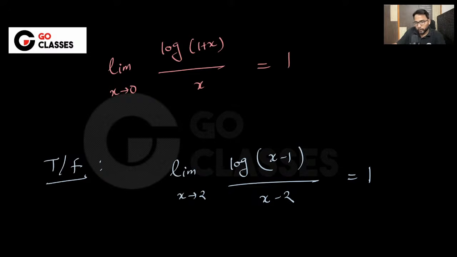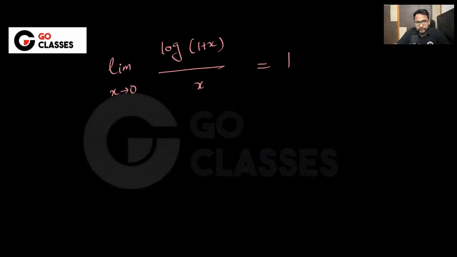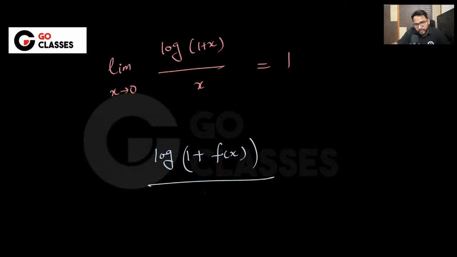See, what you can understand from here is that if you have an identity such that log of 1 plus x upon x equals 1, where x tends to 0, then what does this mean? It means you can have pretty much any function where log of 1 plus that function, upon the same function, where the function is going to 0.